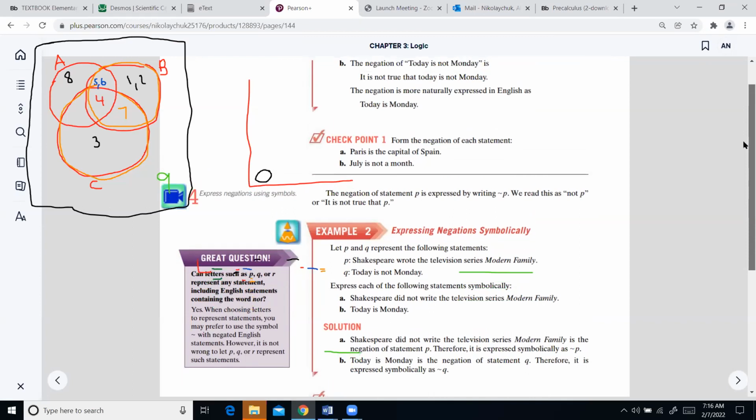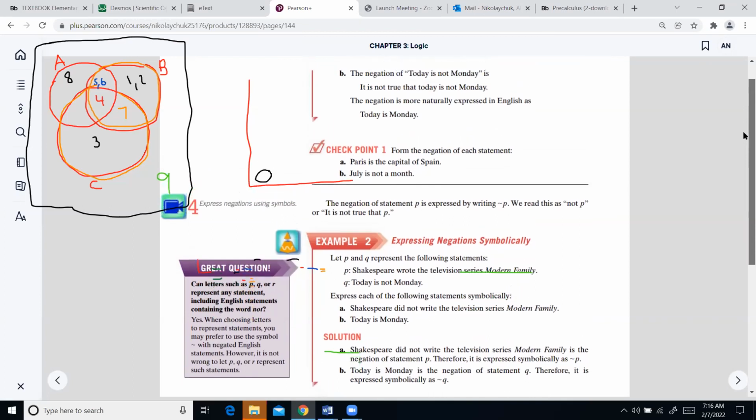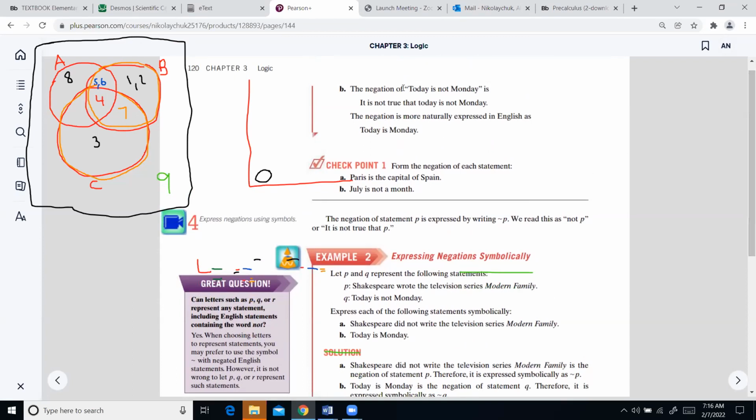So another popular part of logic is so-called negation. Somebody will produce the negation of a statement if you just insert the word not. So for example, if somebody says in part B here, July is not a month, well, there is some kind of statement made here.